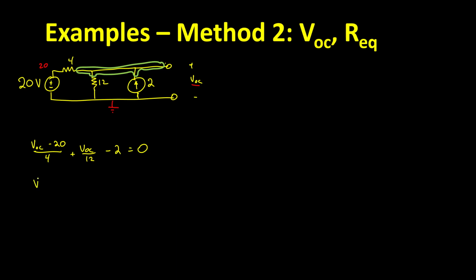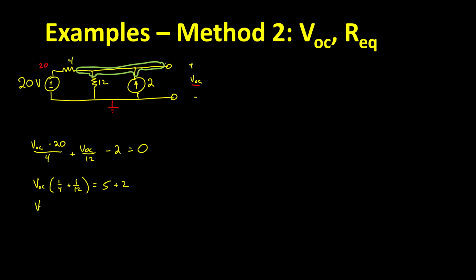So we can now combine our VOC portions. We've got a quarter from the first term, a 12th from the second term, and all that equals, let's bring the constants to the right side. So we've got 5 from this 20 over 4, and we've got plus 2 over here. We can simplify this 1/4 plus 1/12.